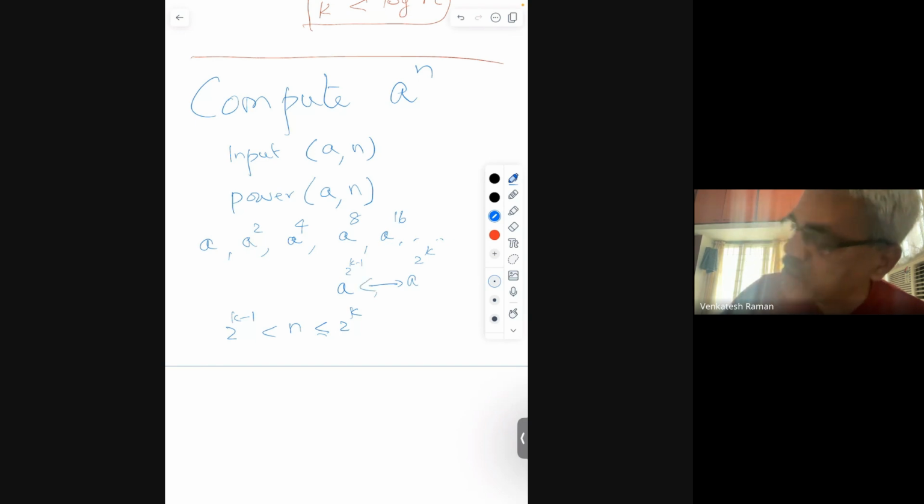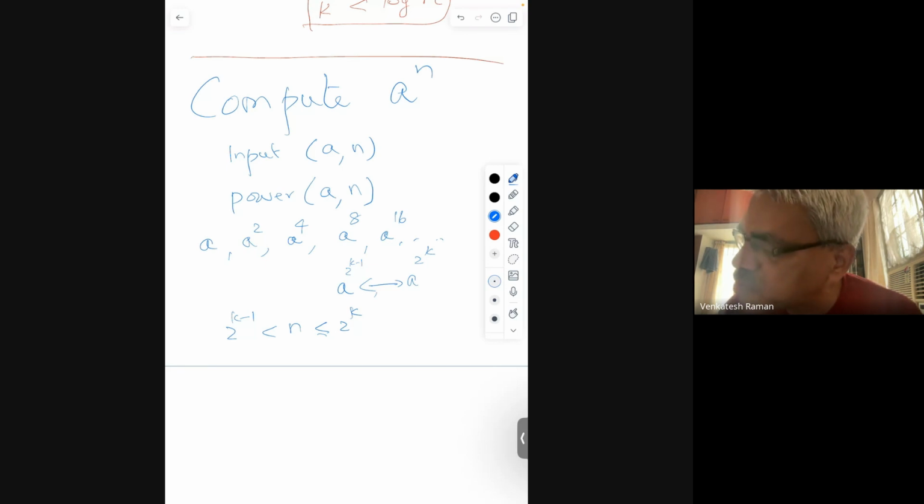So I need to come back to a power n. So from a power 2 power k minus 1, whatever else I need to compute, I just collect them all and put them together. And how many multiplications would I have done? Very similar to before, some k and another k, something like 2k, which would turn out to be order log n.